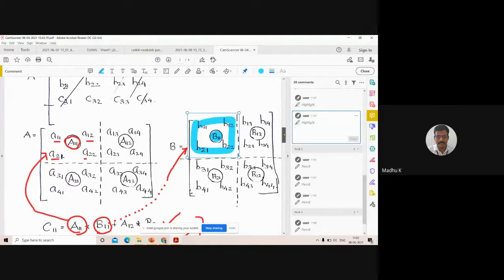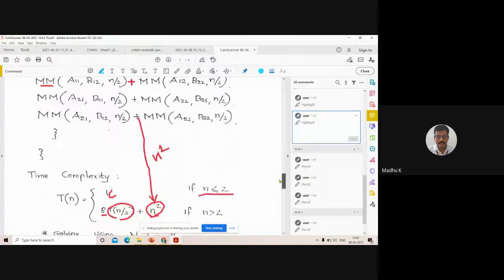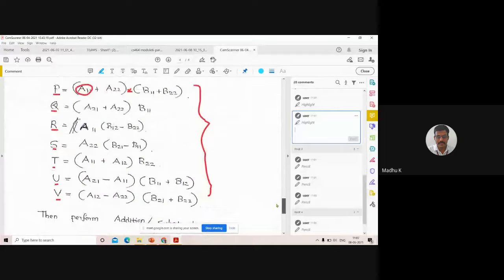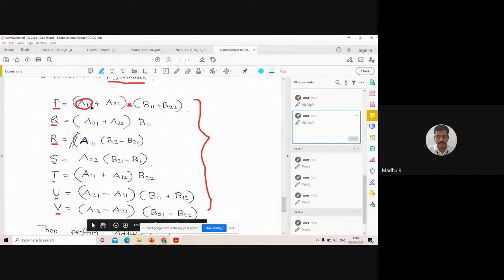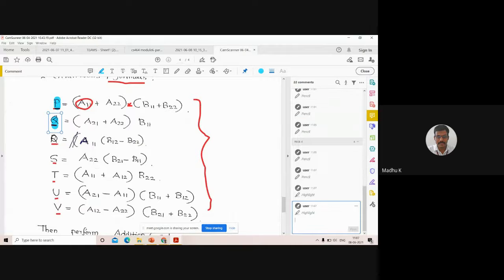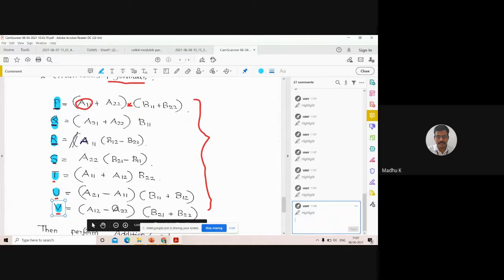Then we will apply these equations and calculate P, Q, R, S, T, U, and V by using basic operations: minus, plus, multiplication.